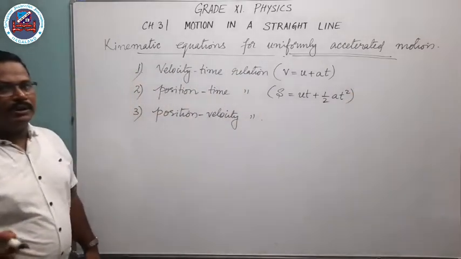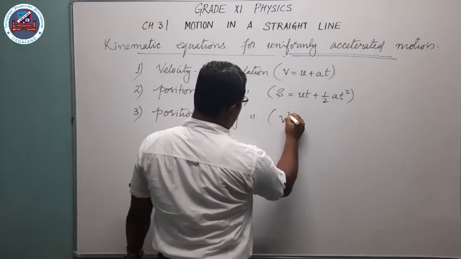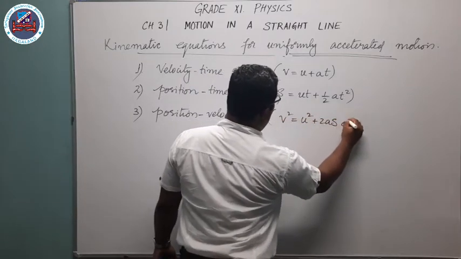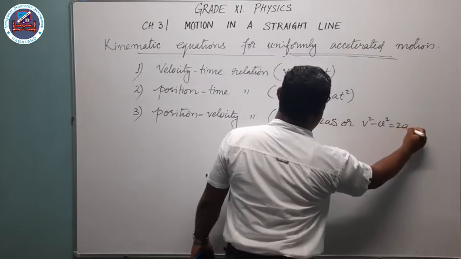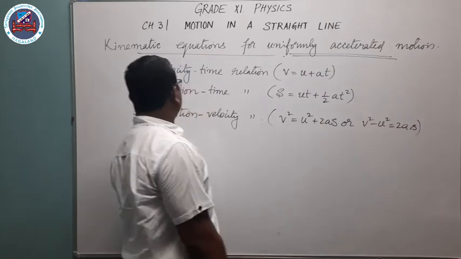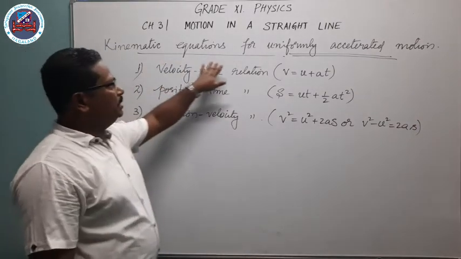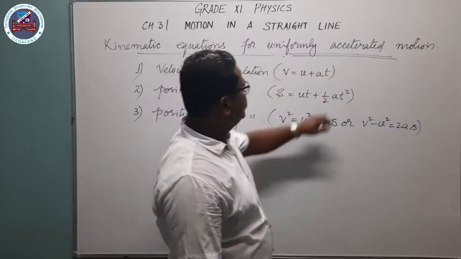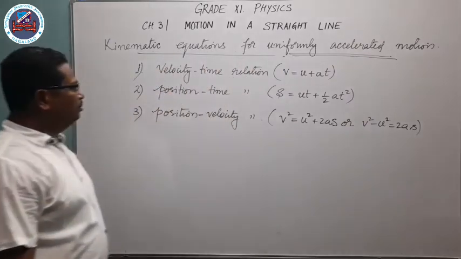And the third one, your position velocity relation, we write as v square is equal to u square plus 2as, or v square minus u square equal to 2as. These three relations are known as the kinematic equations for uniformly accelerated motion.